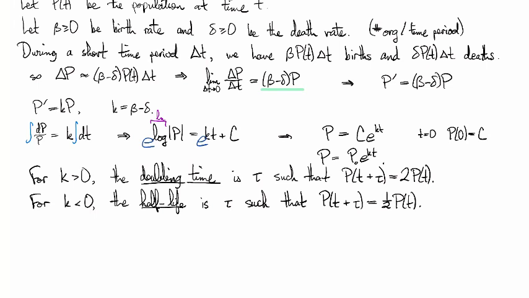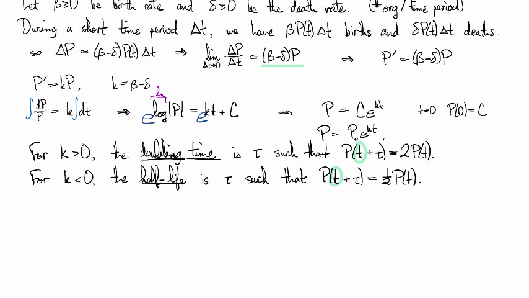It's a key property of exponential functions that they have doubling times and half-lives, and that it doesn't matter when you begin the time interval. So if you have a positive k, there will be a doubling time, and it will be independent of the time t that you start at, and same for half-life.